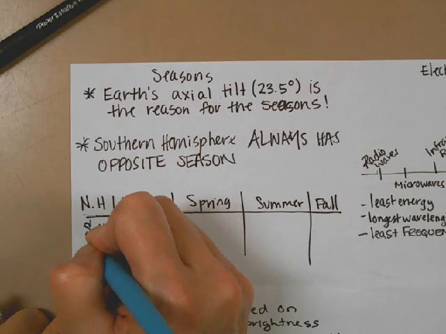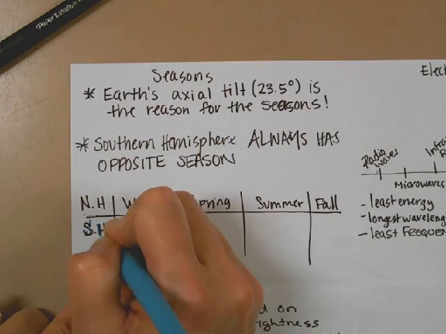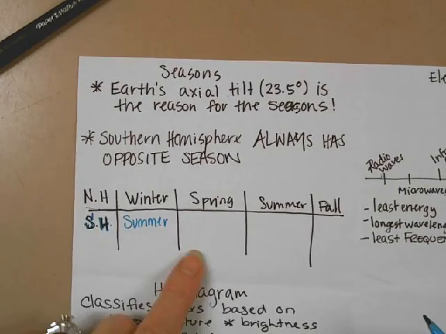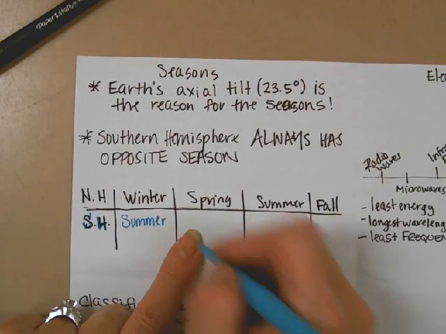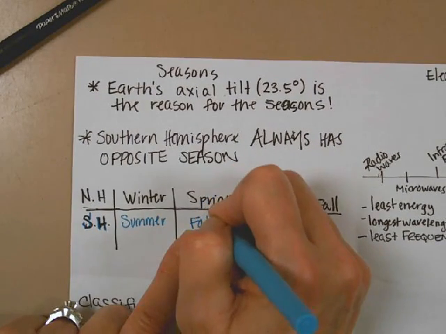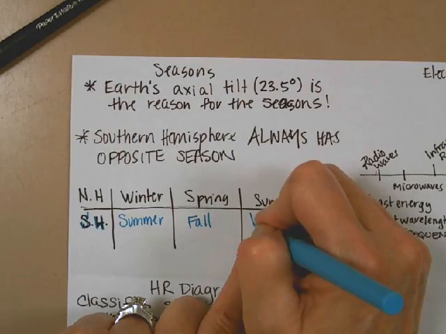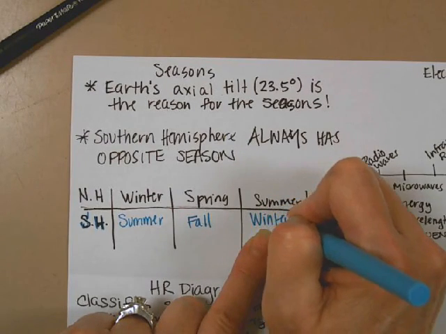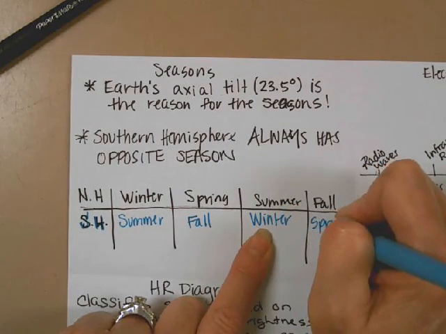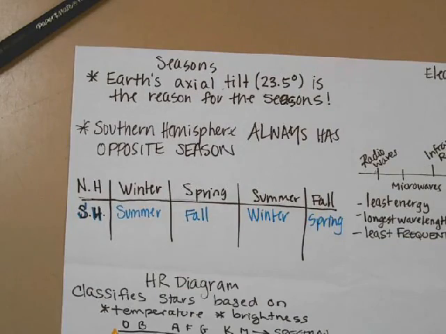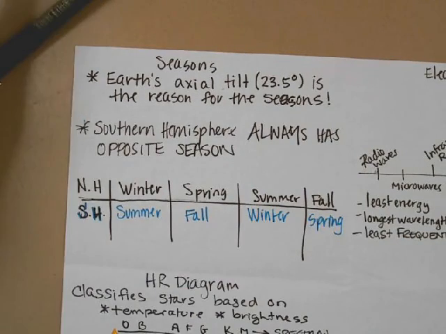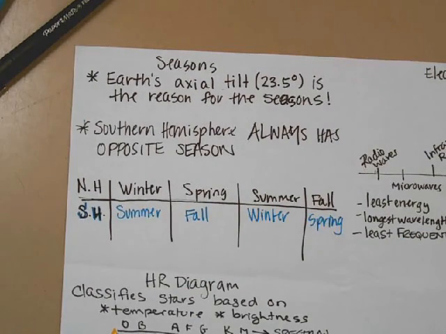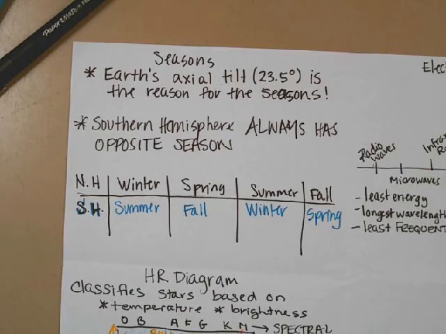If we are having spring, they are having fall. We are having summer, they are having winter. If we are having fall, they are having spring. All right? Everything else should really be talked about on the seasons diagram, and since you do that during your testing, you should be good to go.